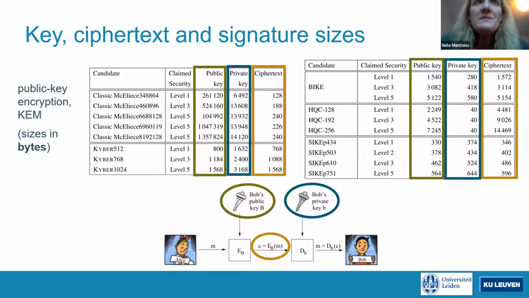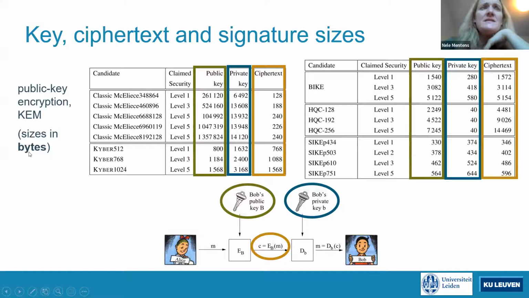So just to give you some numbers on these key, ciphertext and signature sizes, when we look at public key encryption or key encapsulation mechanisms, and these are the algorithms that went on to the last round in the NIST competition. Of course, SIKE, maybe we shouldn't look at anymore because it was broken.